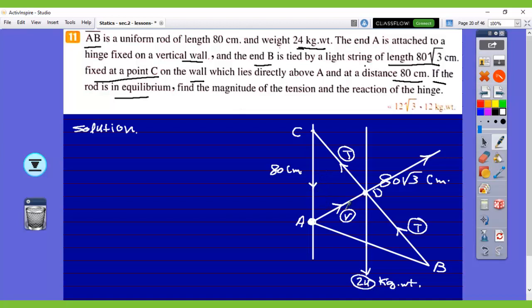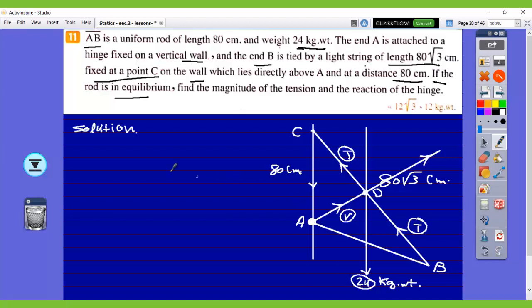It's parallel to the weight. So now we must calculate the length of all sides of the triangle ACD.